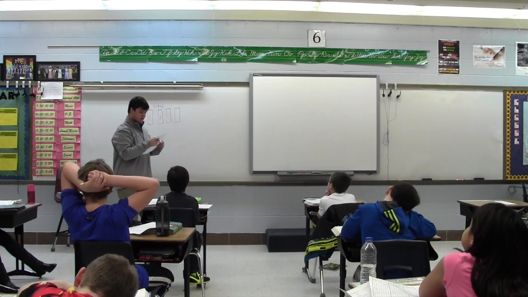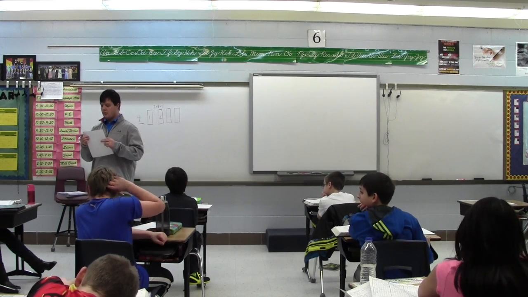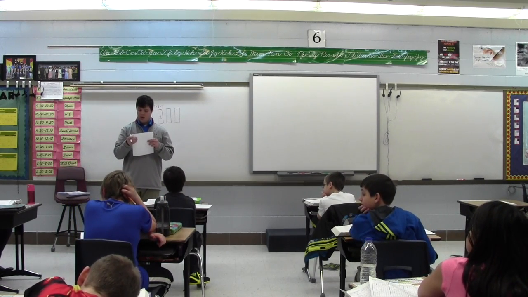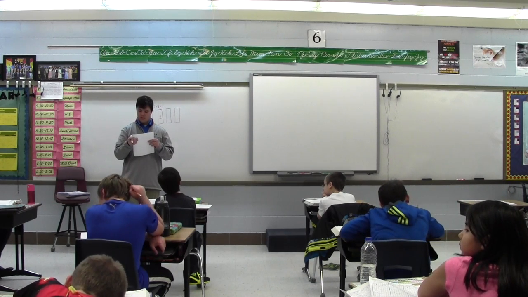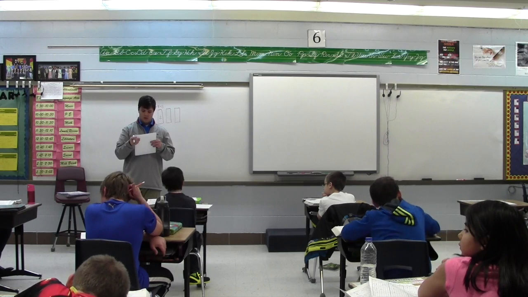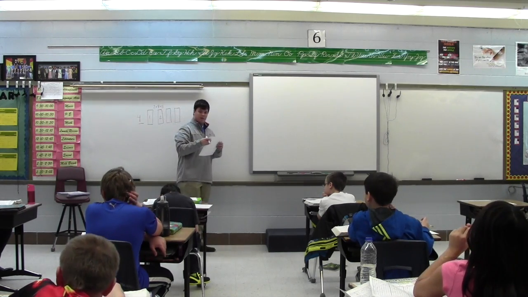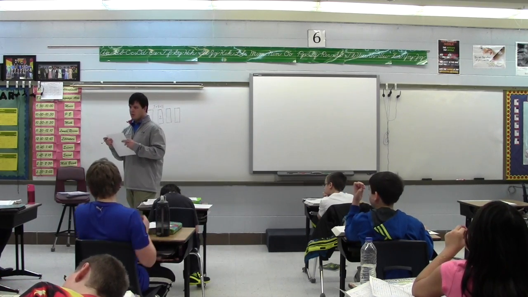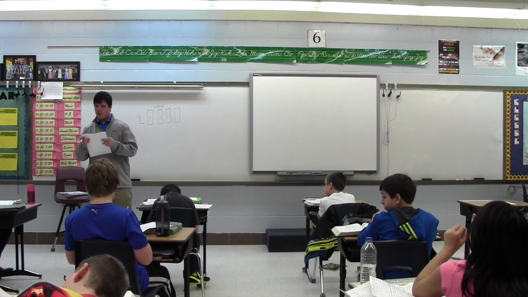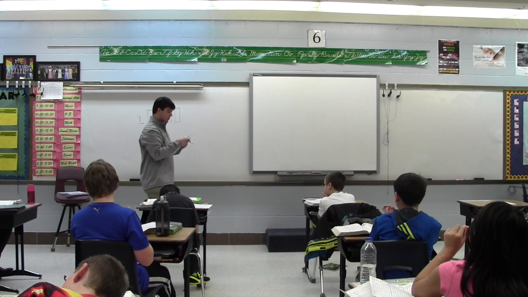So the next sentence reads, Whitney, the third stack was 4 blocks shorter than the second stack. So what word gives it away there? Does shorter give it away? So what are we going to be doing then? What method are we going to be applying here? Subtracting. What are we going to be subtracting?